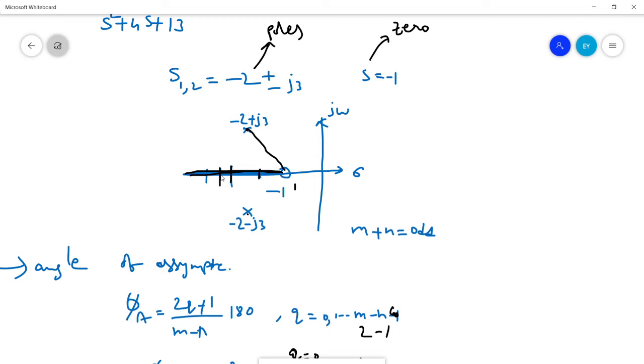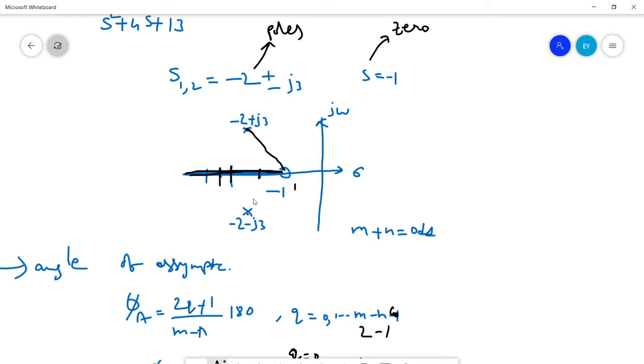If you stand anywhere on the real axis after this zero, we get odd terms, because complex conjugate poles always add 2, or 4, or even numbers to that count. So if you consider only the real poles and zeros, that is sufficient to estimate the root locus.